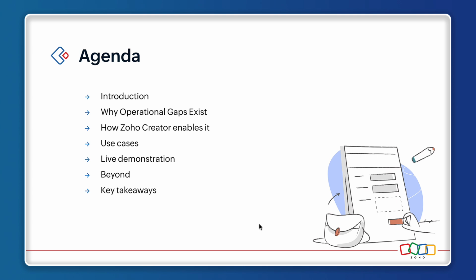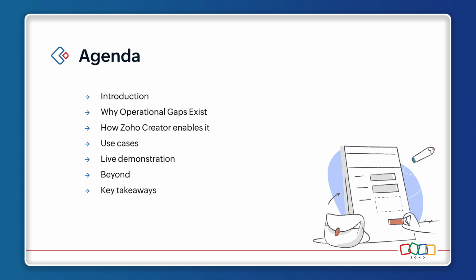This is going to be the agenda with which I'll be taking you throughout the session. First, an introduction to what is Zoho Creator. Followed by that, we will talk about why operational gaps exist, that is, why incidents or exceptions exist and how Zoho Creator can help us enable a model which can resolve the exceptions that happen within the business process you're going to build.